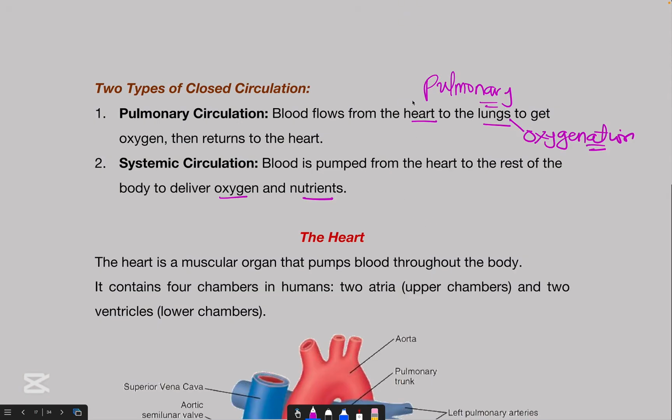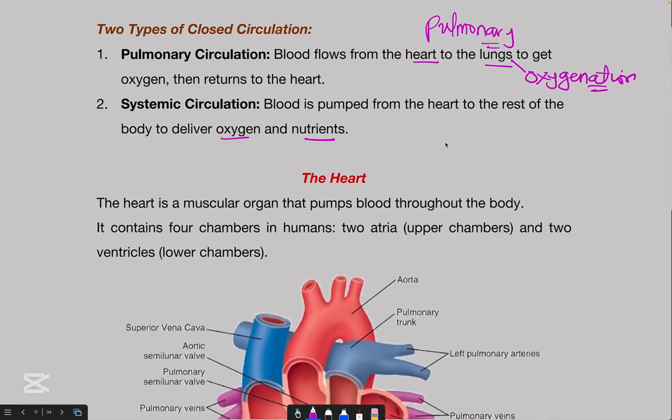Pulmonary, from the heart to the lungs to get oxygen. Systemic, from the heart, the blood that has been oxygenated by the lung is now transported to other parts of the body to deliver oxygen. The body needs that oxygen for cellular respiration and to generate energy in the form of adenosine triphosphate for breakdown of food substances like carbohydrates, etc.